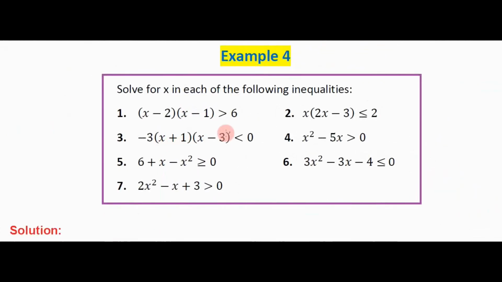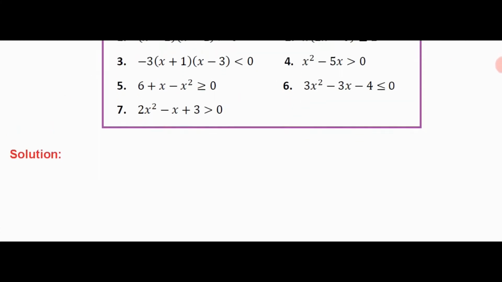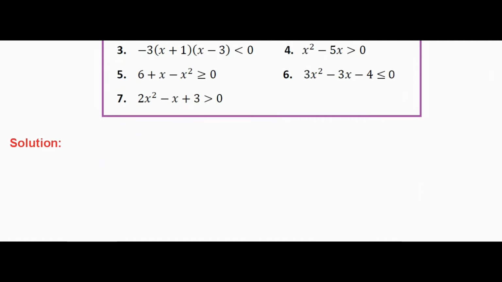Let's look at number 3. So we have negative 3 multiplied by (x plus 1) and by (x minus 3). And it's less than 0. In this case, we do have a 0 on the right-hand side, but negative 3 here is a constant coefficient of these two brackets, and we can get rid of it by dividing it into the right-hand side.